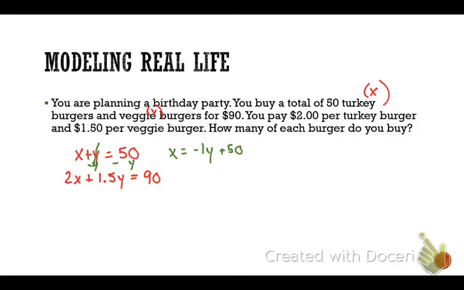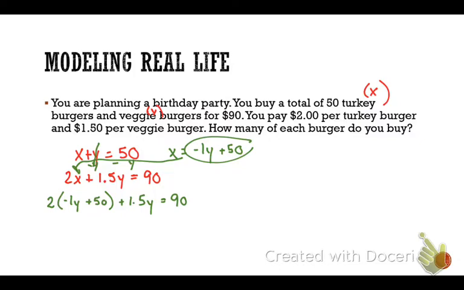All right, what do I do with that? Substitute. Take it and plug it in for X in the second one. So 2 times negative 1Y plus 50, plus 1.5Y equals 90.